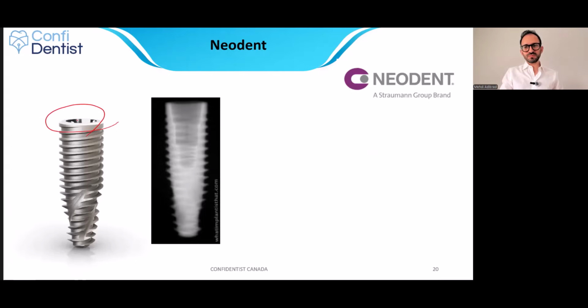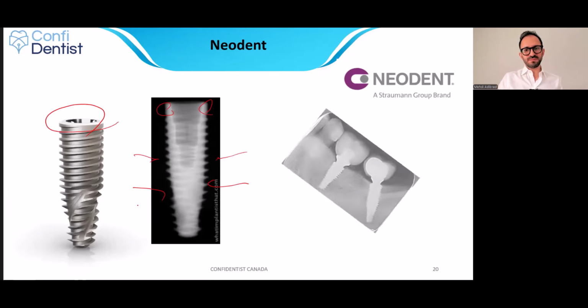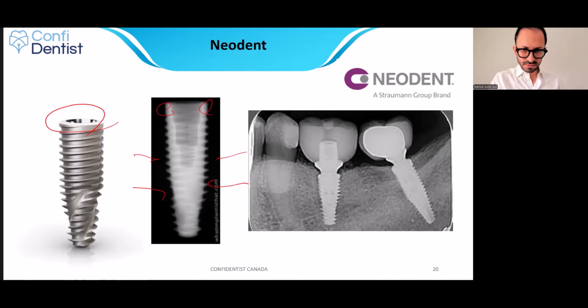Okay, so you can see it here, some micro threads, kind of aggressive macro threads. And yeah, this is the design I'm talking about. Very significant taper compared to the other implant designs.